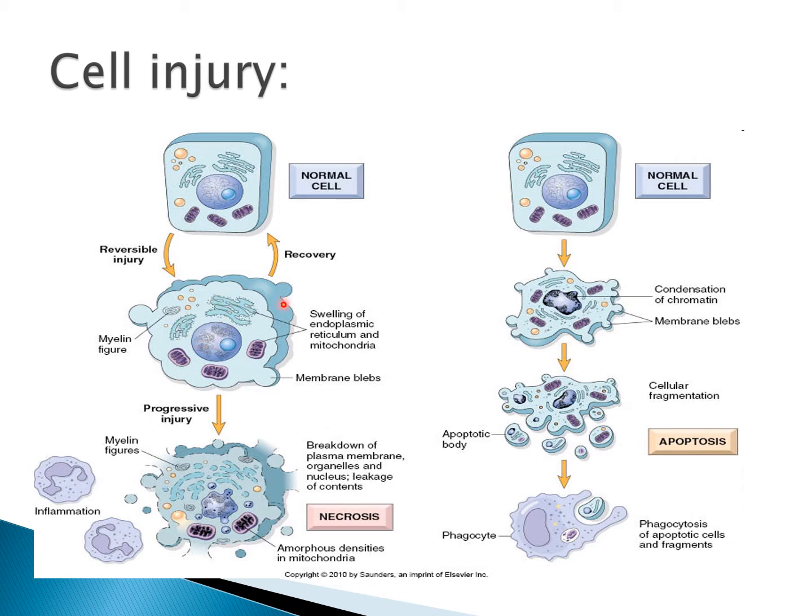So you can see here the main difference between this normal cell and the reversibly injured cell is the size of the cell. Here it's swollen, like a balloon when you blow air or fill it with water and it swells. This we call swelling of the cell. You can see that the plasma membrane of the cell is still intact. However, it is composed of these blebs, and it is blunted with some microvillus architecture.